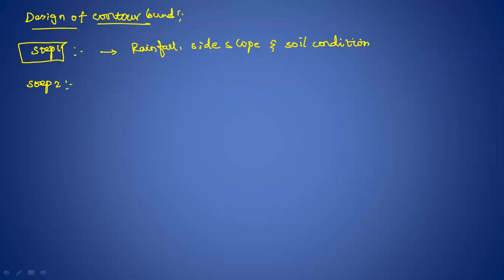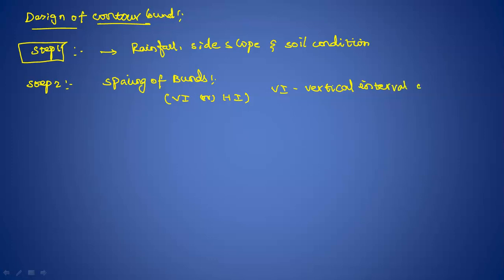Step 2. Next step, we want to find the spacing of the bunds. Either it is VI or HI. VI denotes the vertical interval of the bunds.